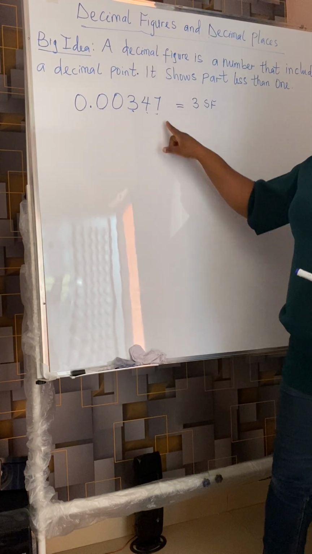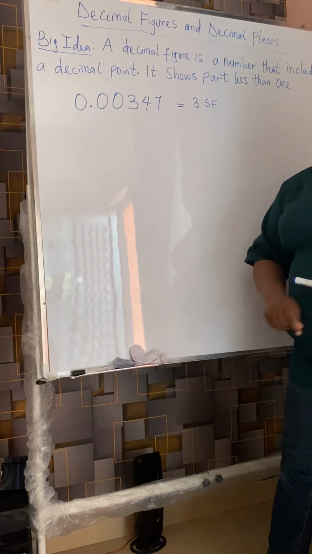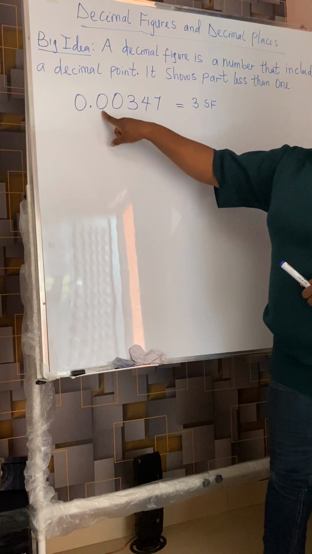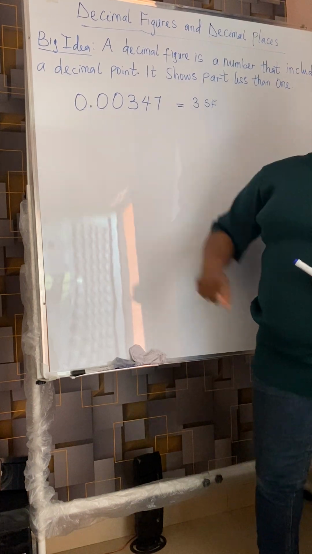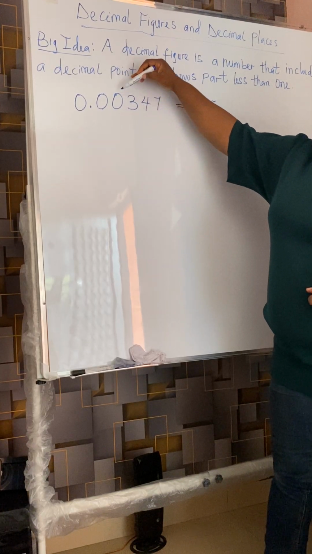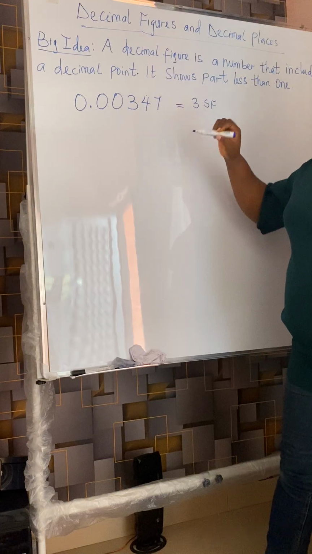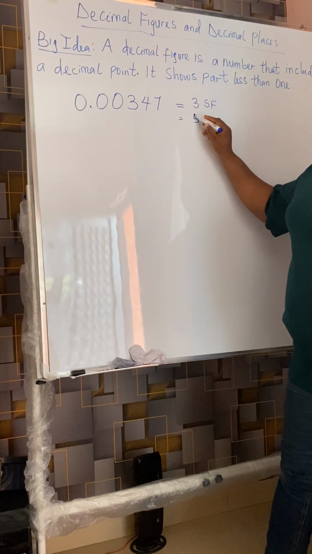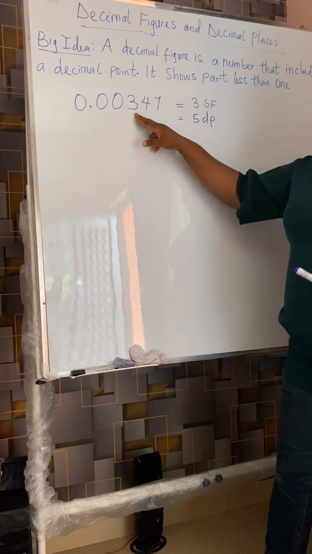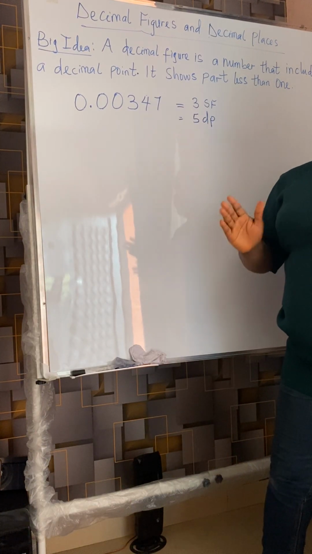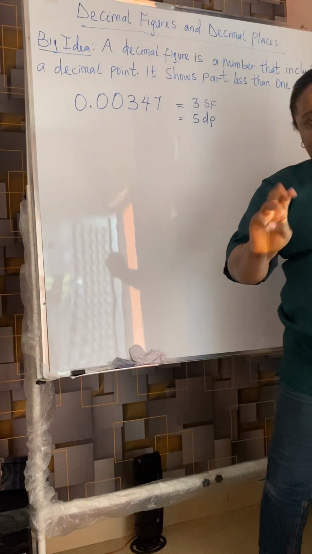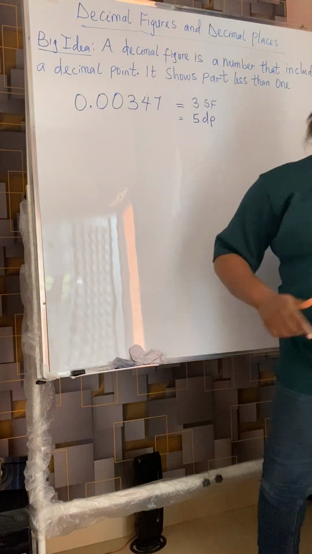Then for the number of decimal places, you start counting from the first position immediately after the decimal point. So here we have the first position, the second, third, fourth, fifth. So we say that there are 5 decimal places. So while there are 3 significant figures in 0.00347, there are 5 decimal places.